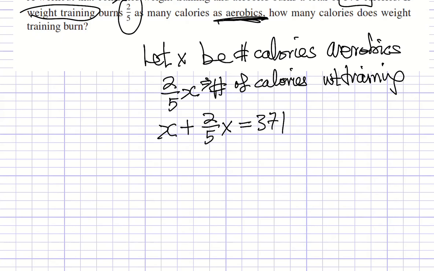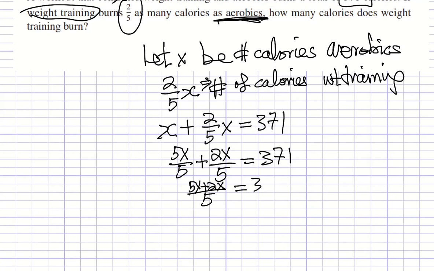I will write this as 5x over 5 plus 2x over 5 is equal to 371. They have the same denominator, so you combine them: 5x plus 2x over 5 equals 371. That would be 7x over 5 equals 371.